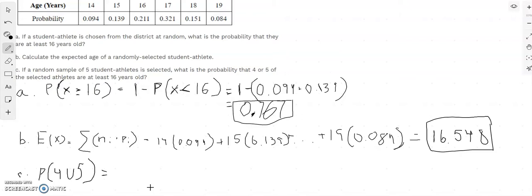So it is a binomial distribution where n is 5, and you're looking at the probability that either 4 or 5 are at least 16 years old. And we calculated that previously. That's just 0.767.